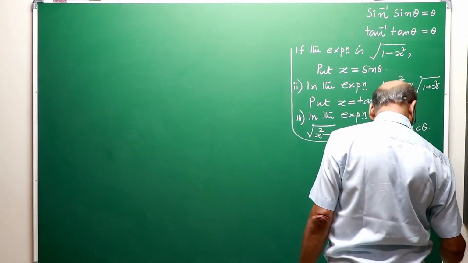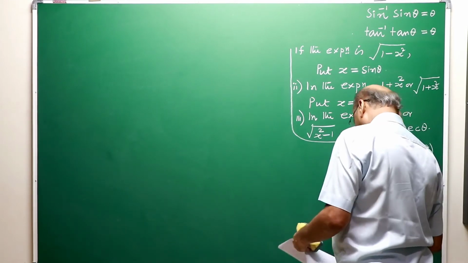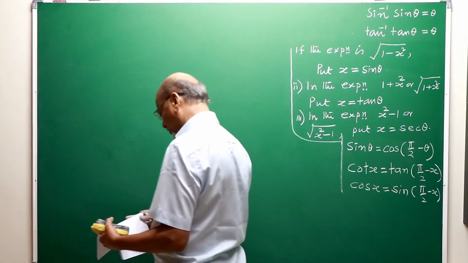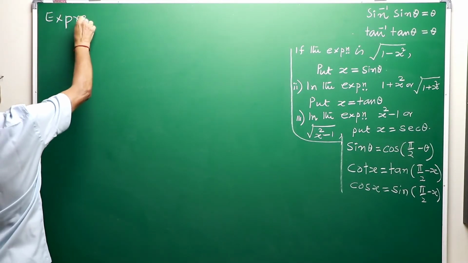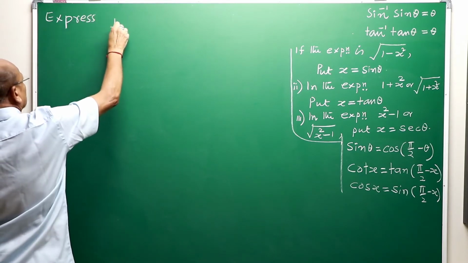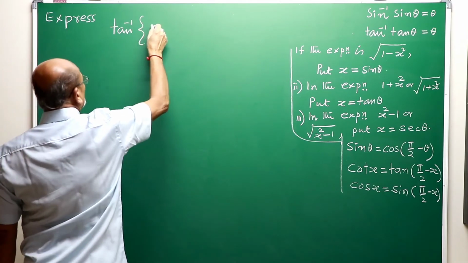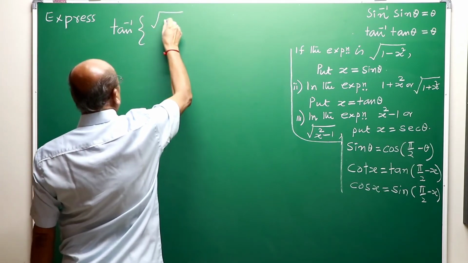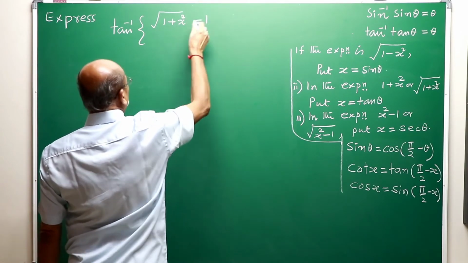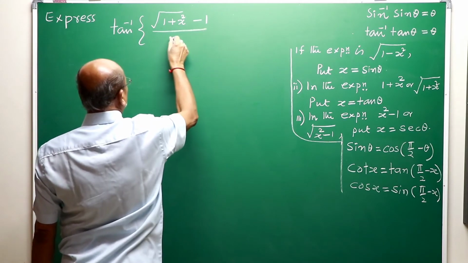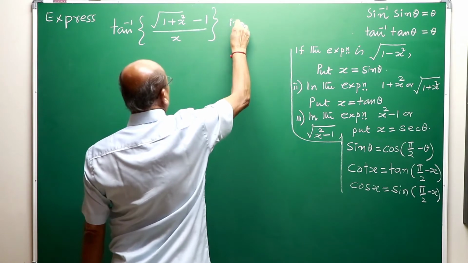Express tan inverse of root 1 plus x square minus 1 upon x into simplest form.